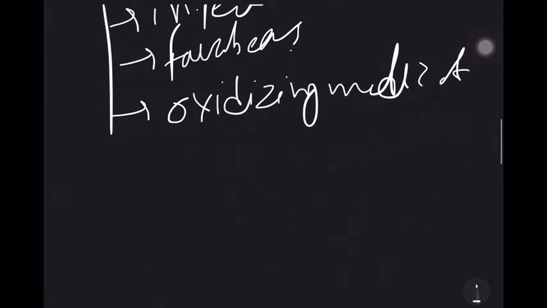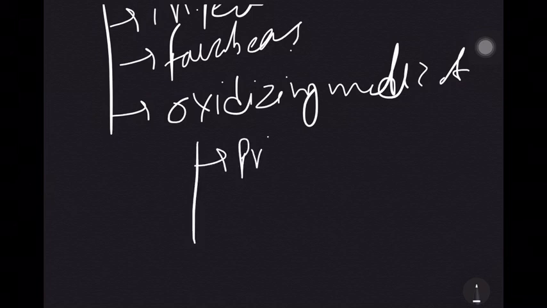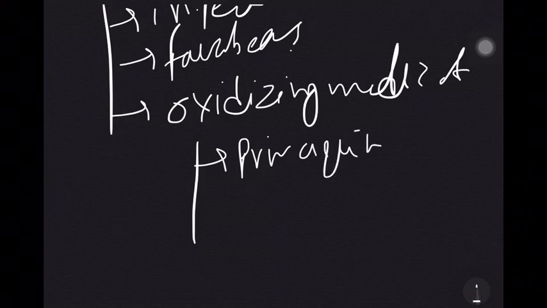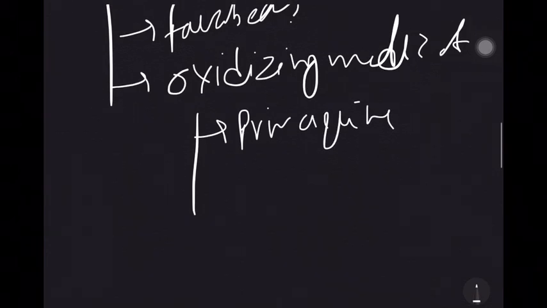Now what are the oxidizing medications that can trigger these symptoms? The first one is primaquine. Primaquine is an anti-malarial drug, used to kill both hypnozoites and gametocytes. So primaquine is contraindicated in these patients because it is an oxidizing drug.